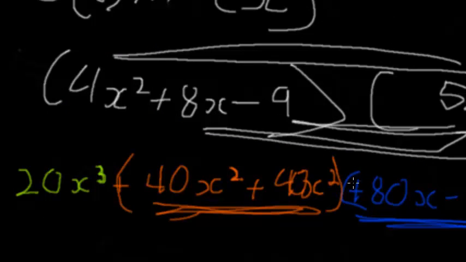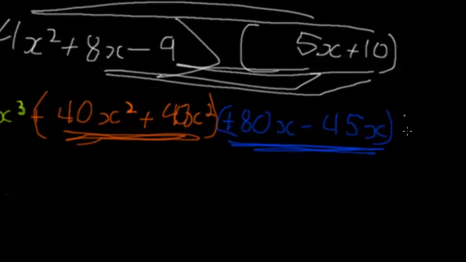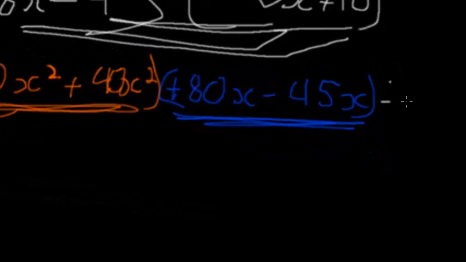So then after that we can make it white again. So negative 9 times 10, which is negative 90. Yeah, there we go.